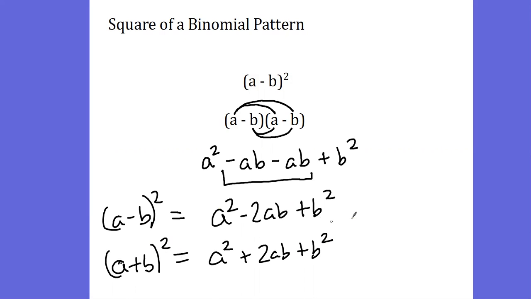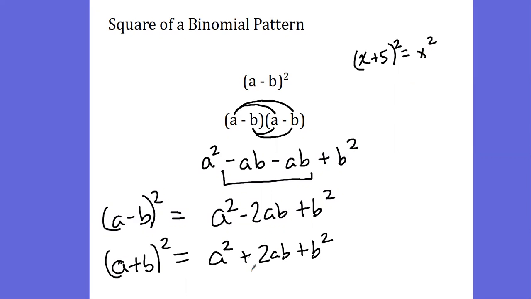So let's take a look at what if my problem was the quantity of x plus 5 squared. Using this idea, I know that the first part of my trinomial, if I multiply this out, will just be x squared. So notice I take this first piece and square it, that's x squared.